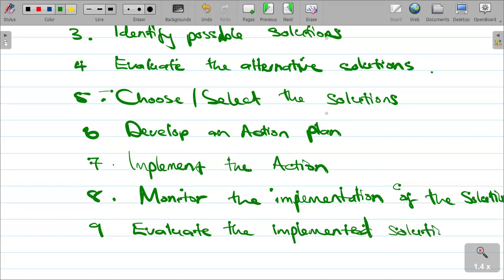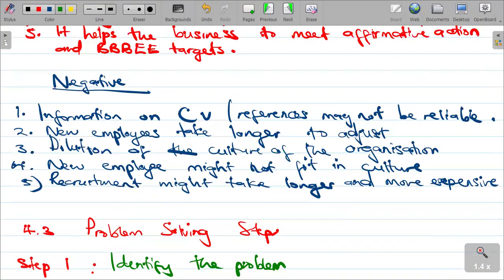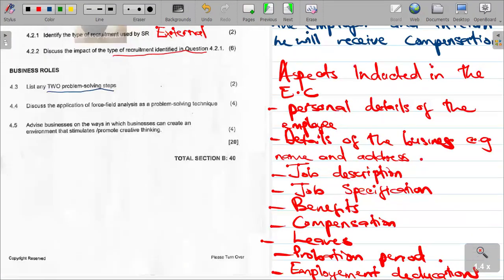That's the last step. So here the question requests you to just list two problem-solving steps.